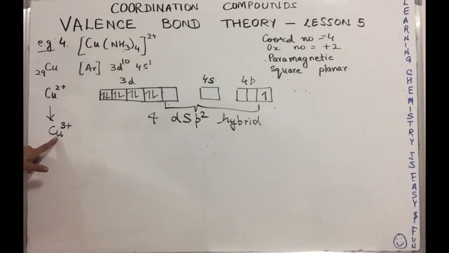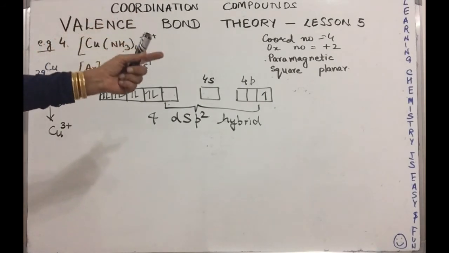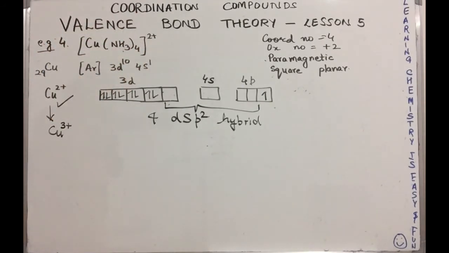No. We know that Cu2 positive is very stable. This ion is also very stable in the complexes. You've done it in your chemistry laboratories as well. So how do we adjust this? We need to find a solution to this. Can you think of a solution which should justify the paramagnetic as well as the square planar geometry? Think.